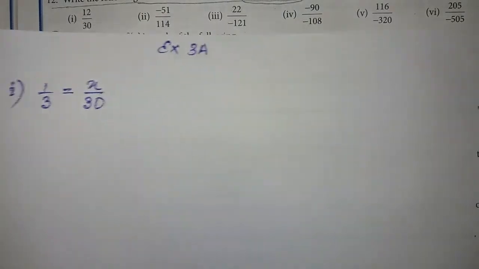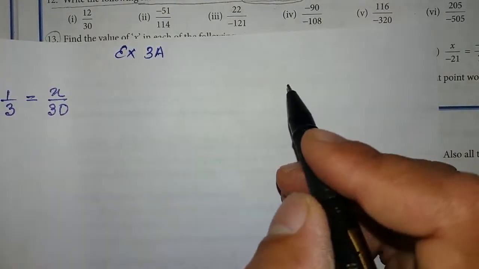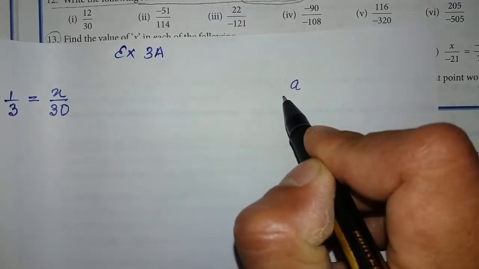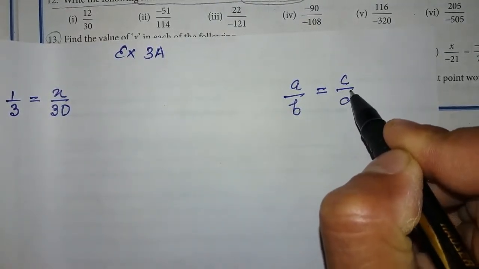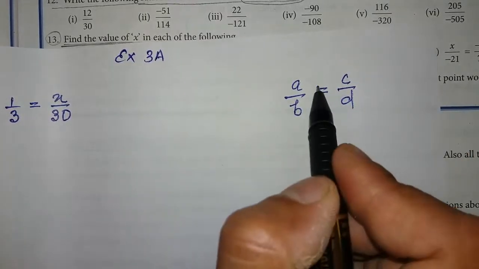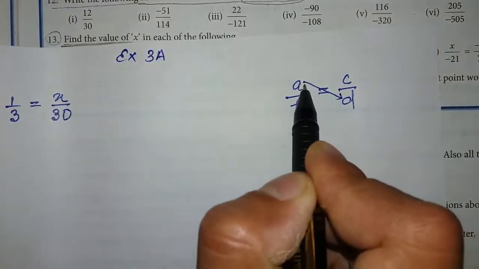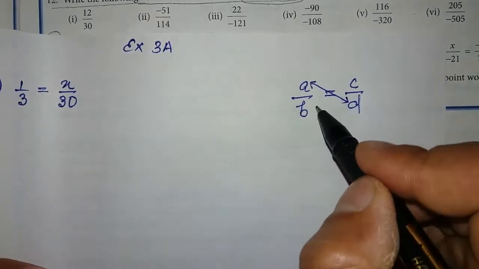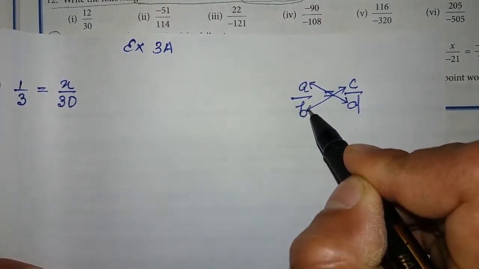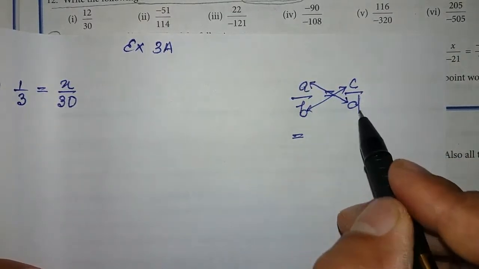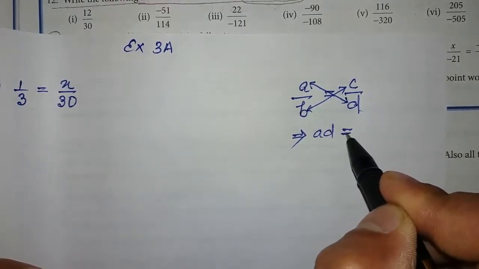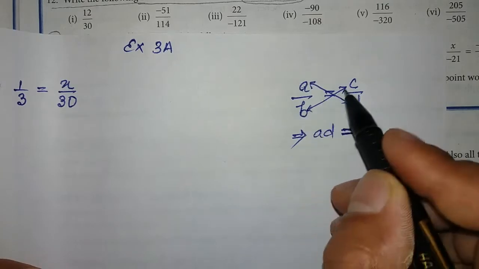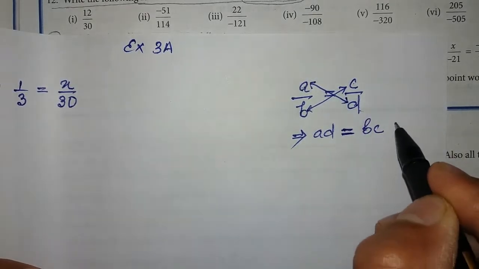Now here we're going to use cross multiplication method. So cross multiplication method is like this, a by b equals c by d. What you will do is you will cross multiply this a and d and b and c like this. A and d is ad equal to, you have to write here equal to, and b and c, bc.